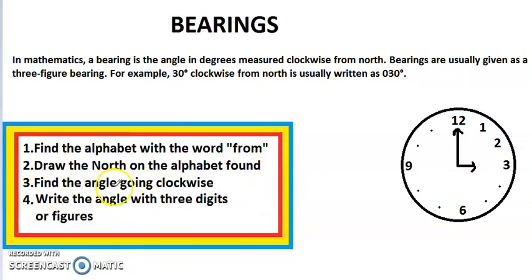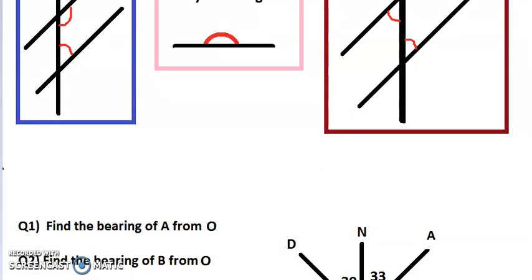Then the third point is find the angle going clockwise, as I explained. Write the angle with three digits or three figures. Now these points I'll discuss a bit later when I'm doing the question. At first I'll give you the background of bearings and some points that you need to remember in order to find the values out. Okay, don't worry, this will be explained later on.